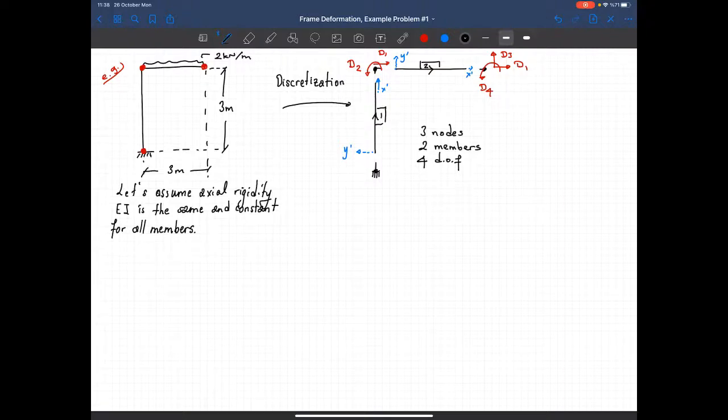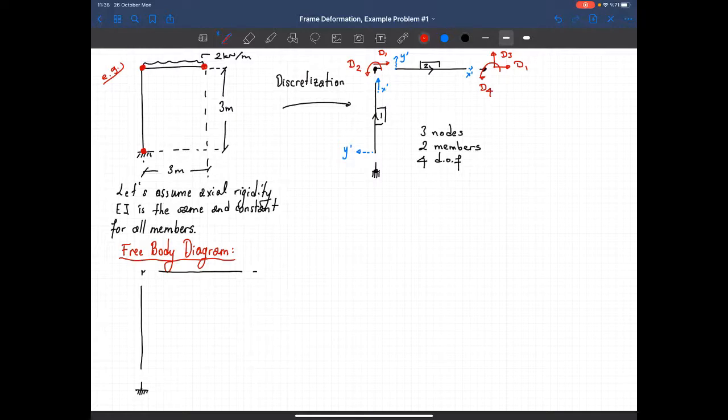Okay, now let's draw the free body diagram now. Member, node, and the other member, node.